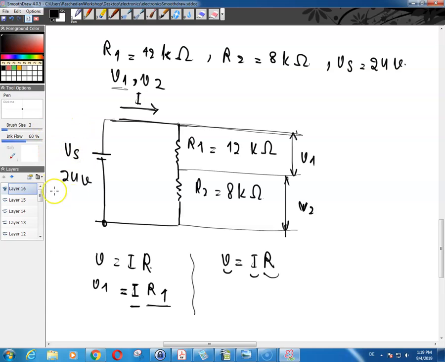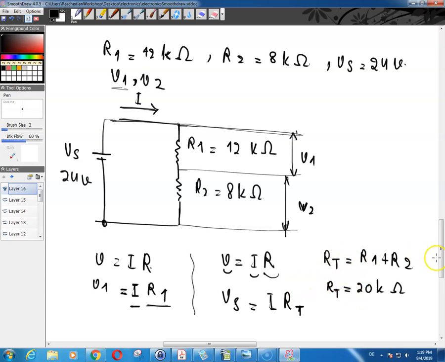The voltage over here, V of S, would be my V. The current is the current, and the resistance is the equivalent resistance of these two resistors, which you can call R of T. Of course, you know that R of T in this circuit is equal to R1 plus R2. So that's 12 plus 8, which is equal to 20 kilo. So your R of T is equal to 20 kilo.